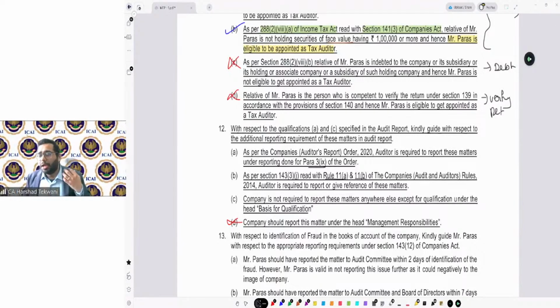And actually, the answer is rule 11A and 11B. This is the correct answer. The reason is that para 3.9 of the order CARO talks about repayment of loan, which is not correct.